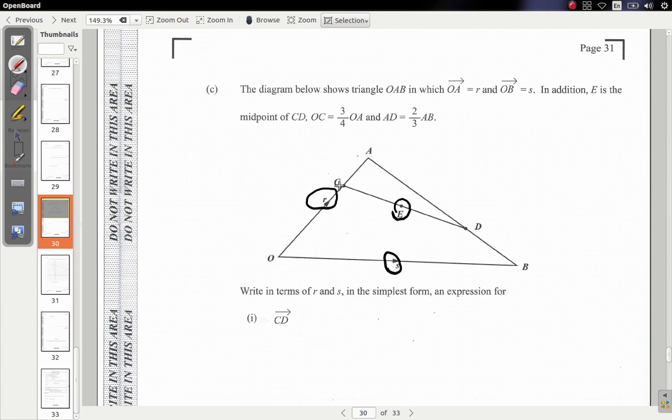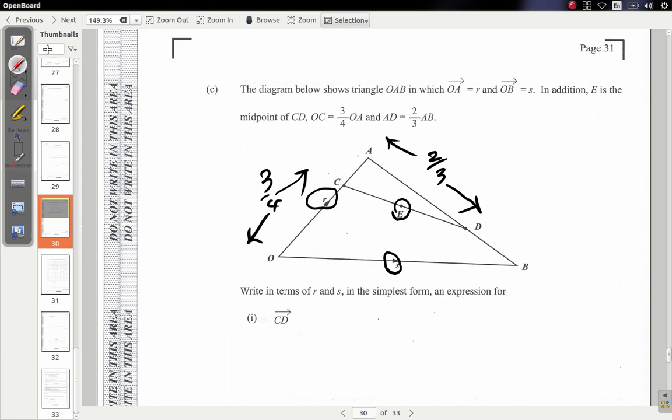OC is 3/4 of OA, and AD is 2/3 of AB, two-thirds of the entire distance. Write in terms of R and S in the simplest form an expression for CD.